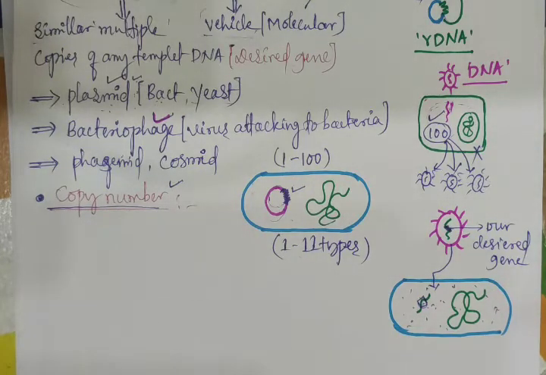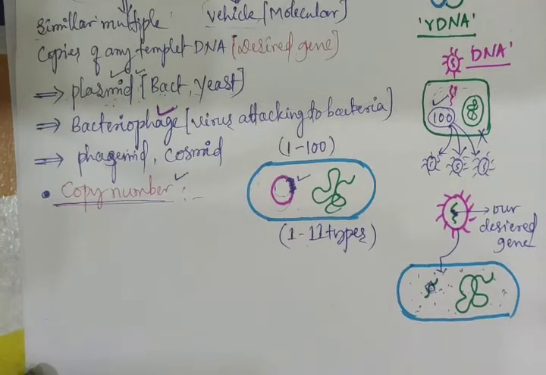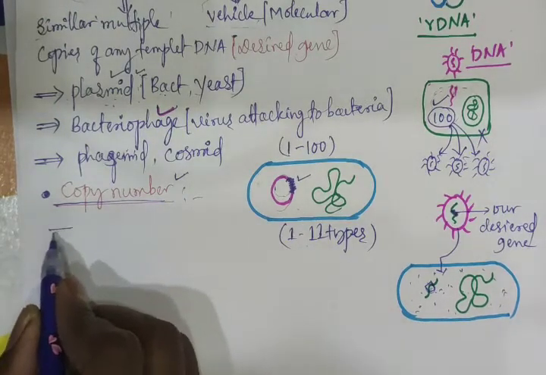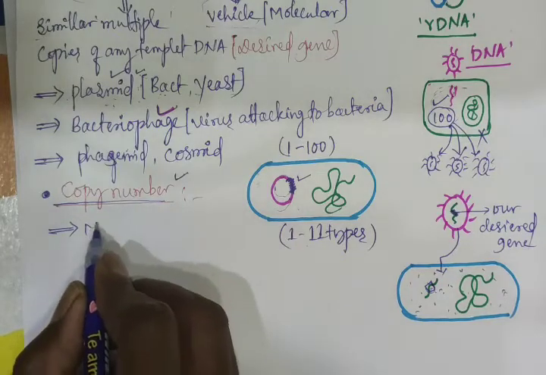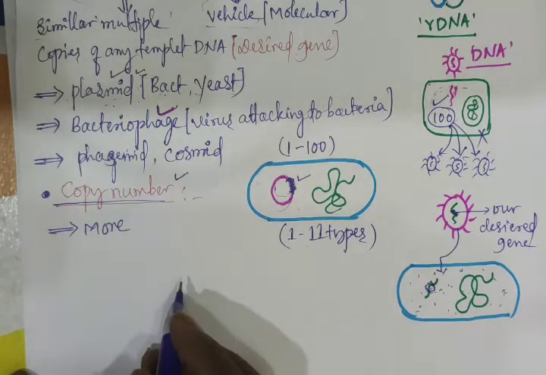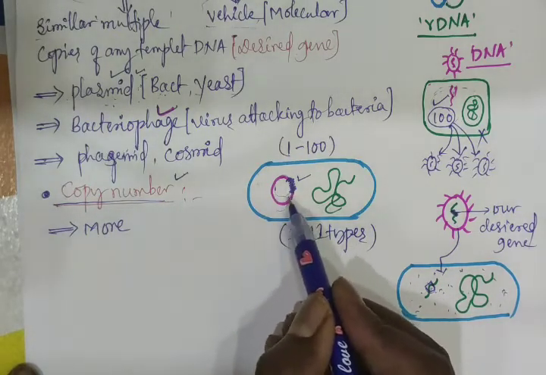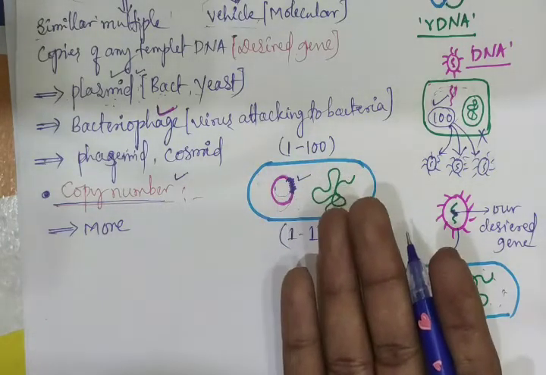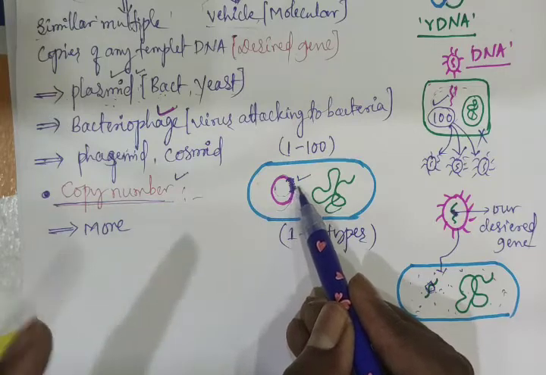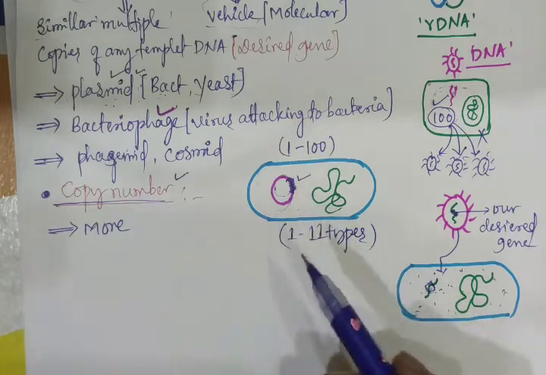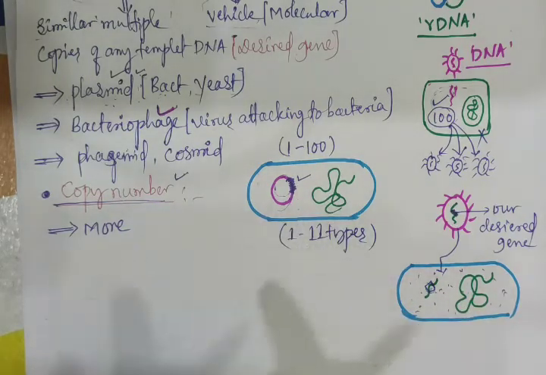That is the copy number of that DNA, that plasmid. So should the copy number be more or less? Copy number should be more. Why? When the copy number is more, the plasmid replicates more times, and since the plasmid is linked with our desired gene, our desired gene also replicates many times. Hence copy number should be more here, right?